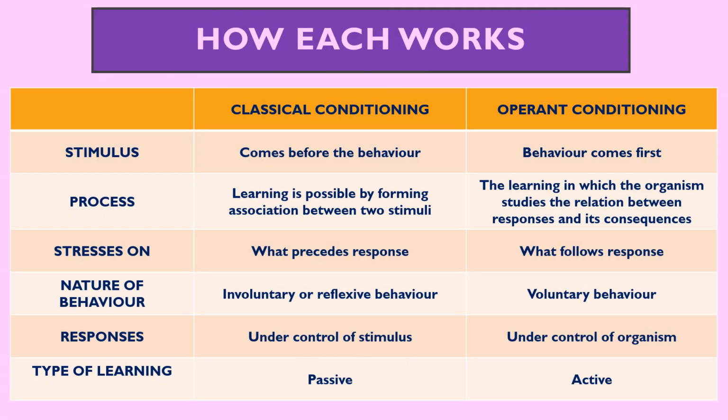Now let's see how classical conditioning and operant conditioning work. Stimulus: in classical conditioning, it comes before the behavior. In the experiment, we can see that the stimulus, whether it is the conditioned or the unconditioned, that is the food or the bell, comes before the behavior.